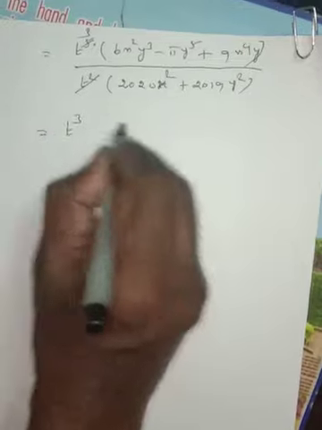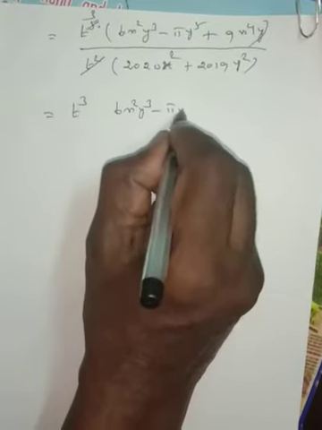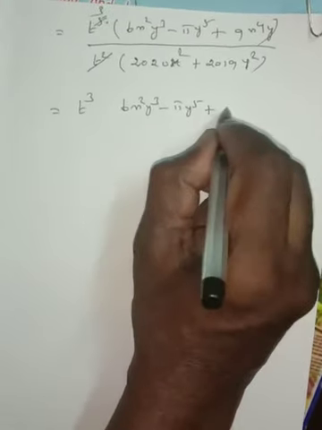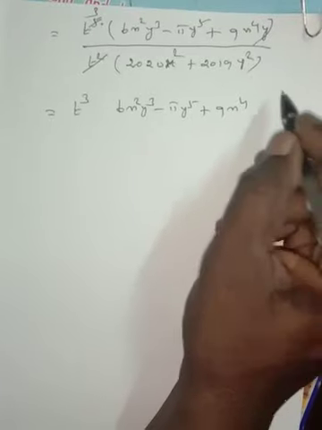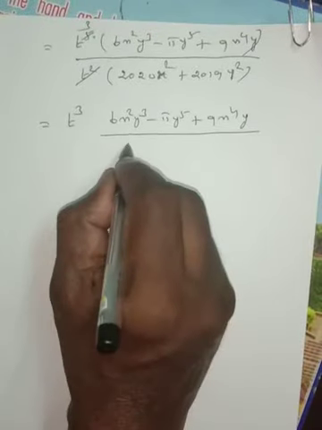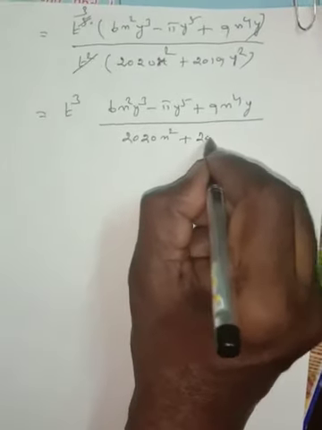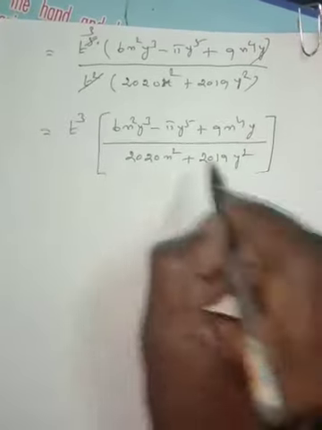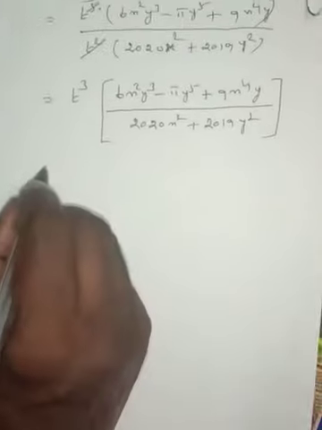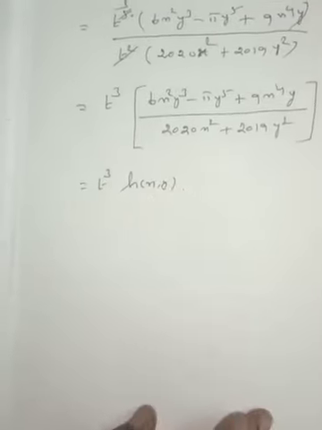Cancelling these two, we get t to the power of 3 times 6x square y to the power of 3 minus 5 y power 5 plus 9x power 4 y, whole divided by 2020 x square plus 2019 y square. This is h of x y. Therefore, it is t to the power of 3 h of x comma y.